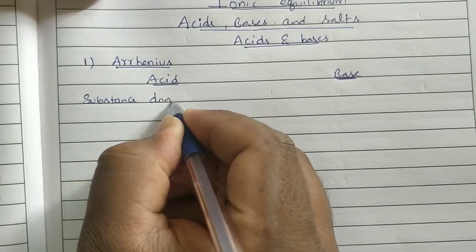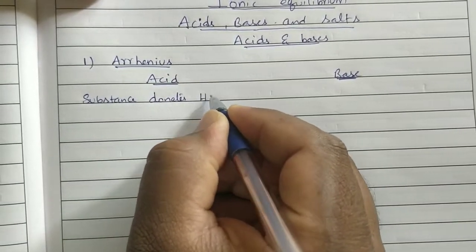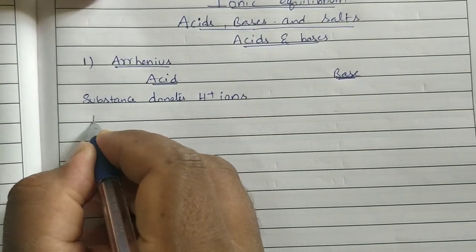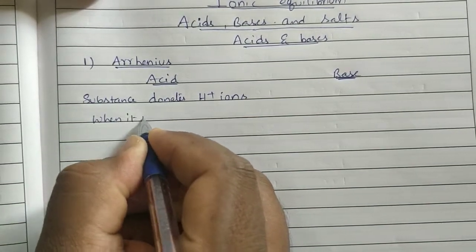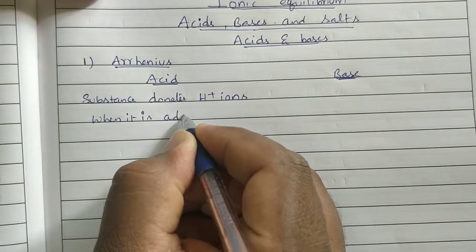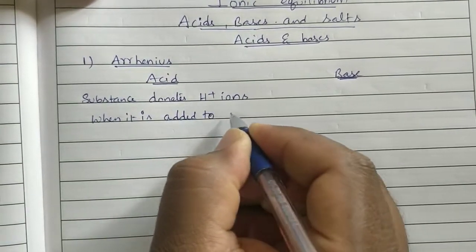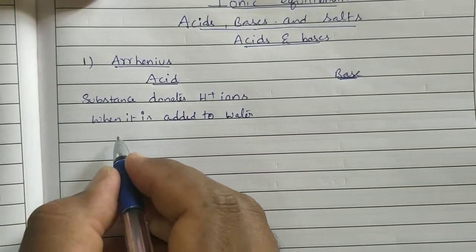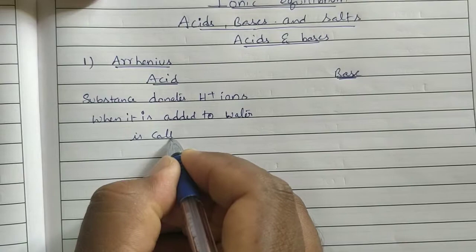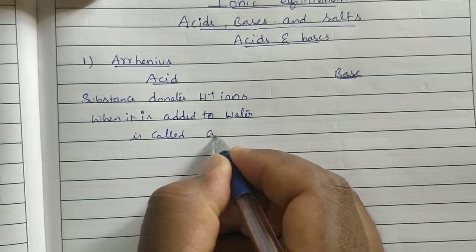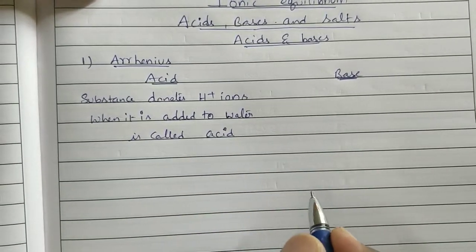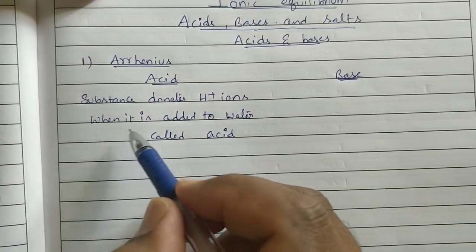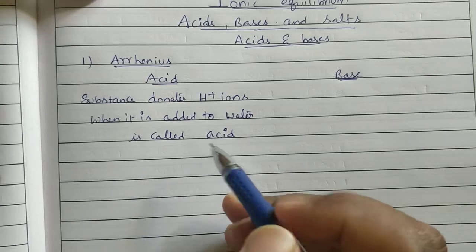A substance that donates H plus ions when it is added to water is called an Arrhenius acid.